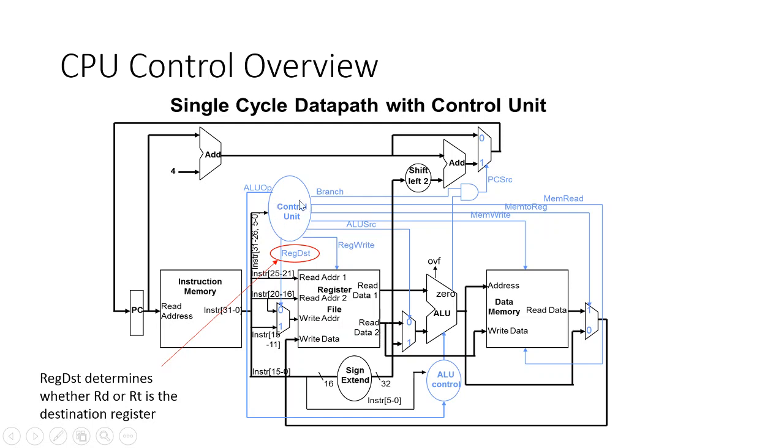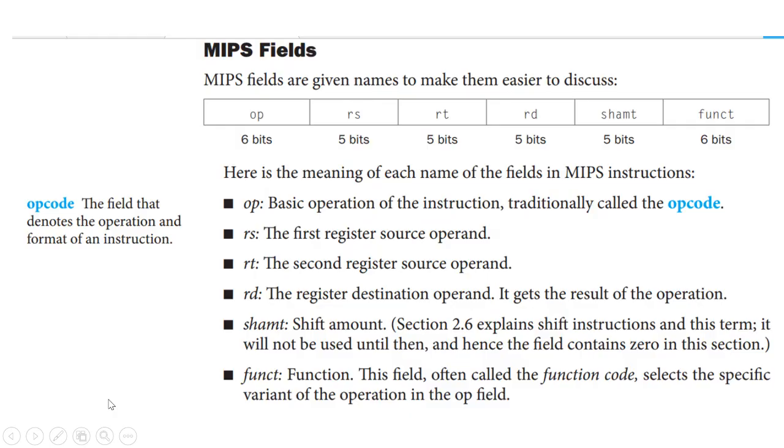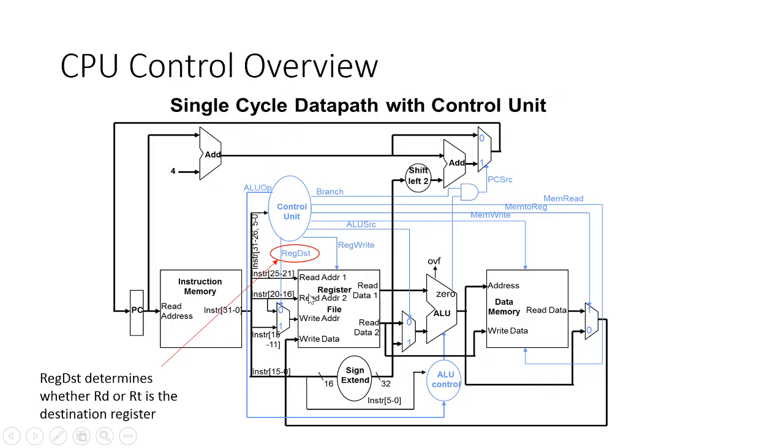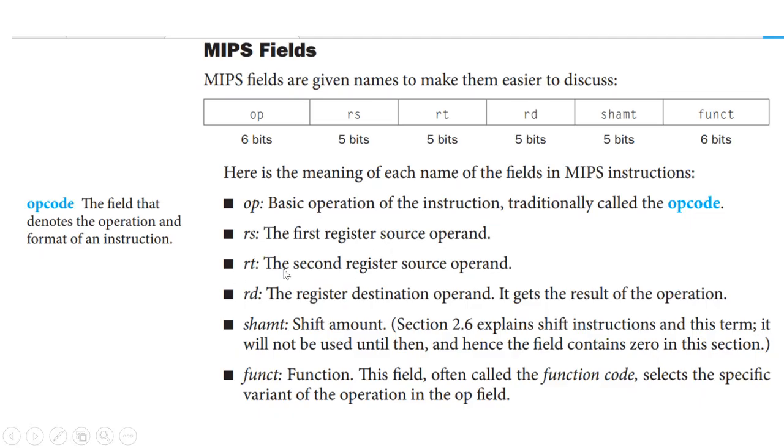Well, our control unit, which is essentially just a decoder here, determines the control path, and for example, one of the outputs of that is the register destination. So whether it's RD, or if it's RT, which of these two register destinations.